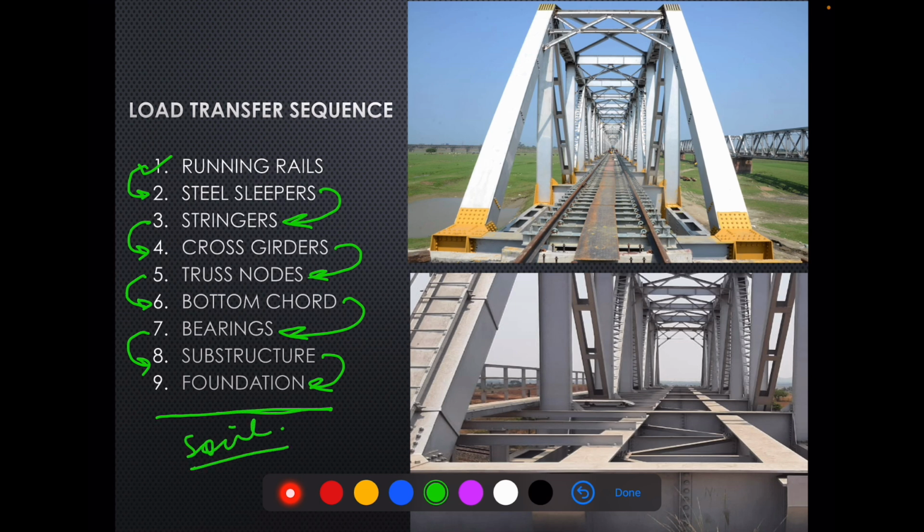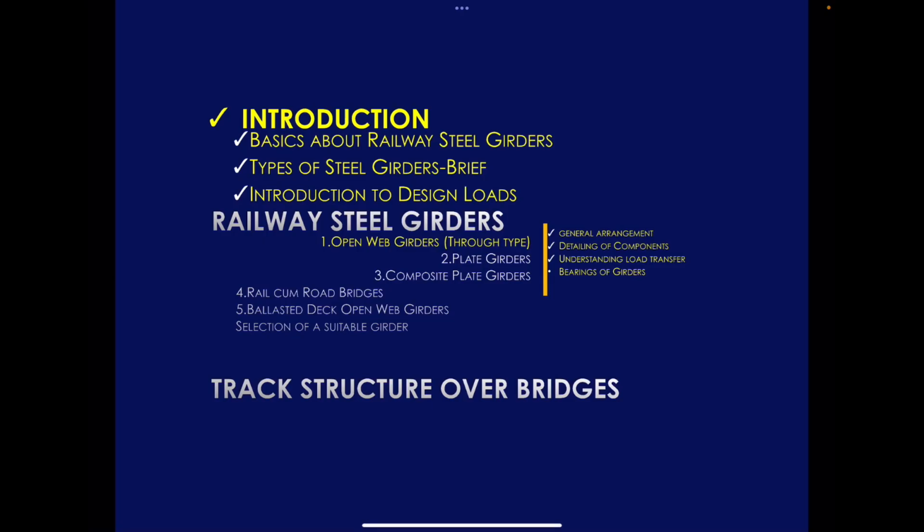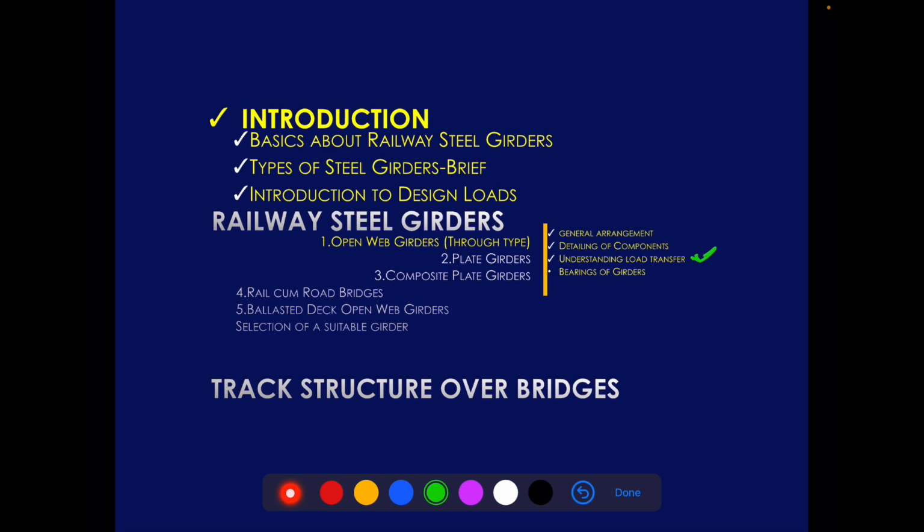So this is how load transfer takes place. So with this, we have just finished the load transfer sequence in the case of open web girder.